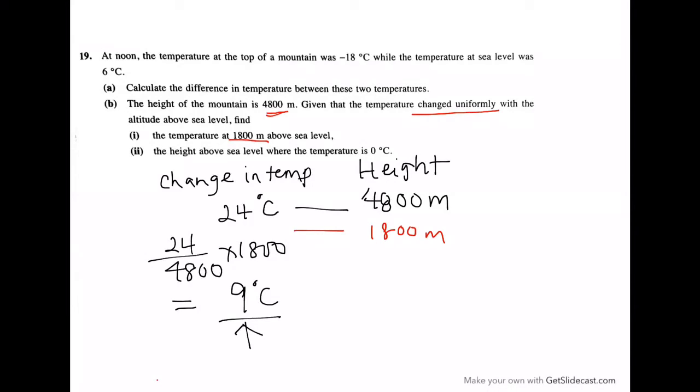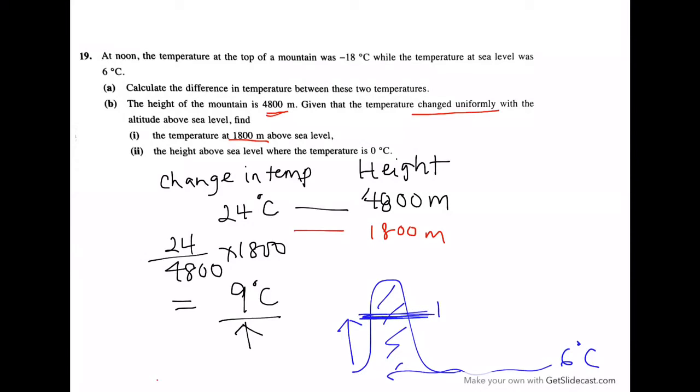Now let's recall that at the sea level for the mountain, the temperature is 6 degrees Celsius, and as we go up in height, to reach a level of 1,800 meters, where my sea level is actually 0 meters, my change in the temperature is 9 degrees Celsius.